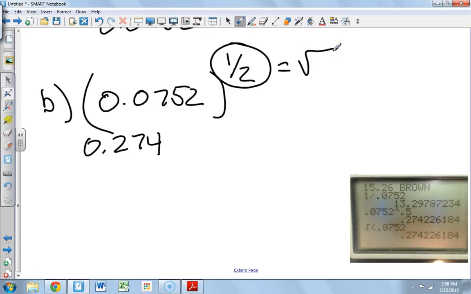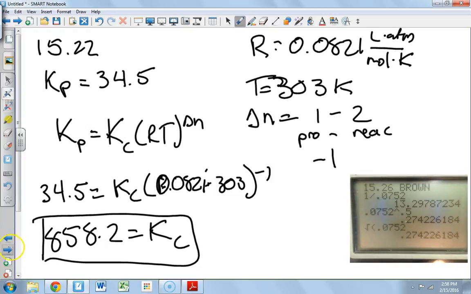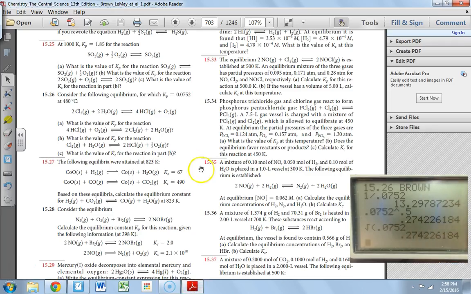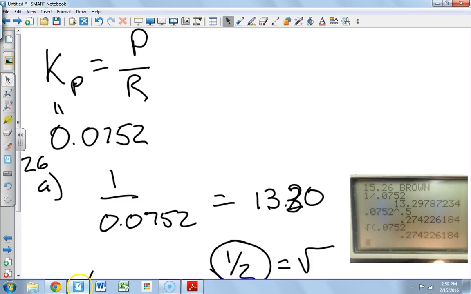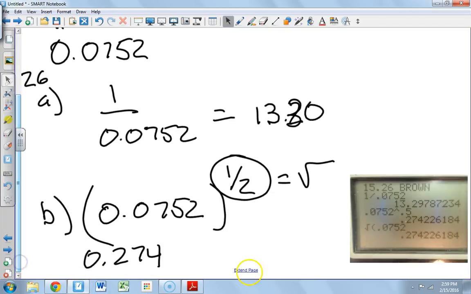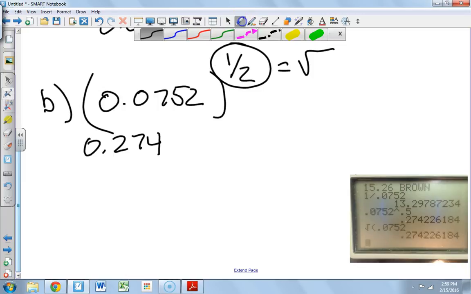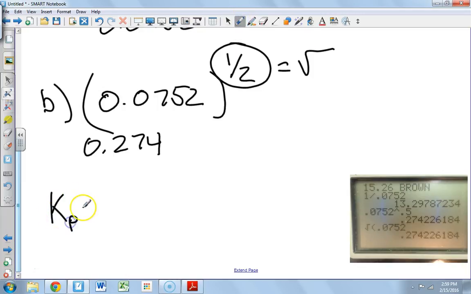Now question C combines concepts from the couple of problems we already did. It says, what's the value of Kc for the reaction in part B? That's cool, because we know the relationship between Kp and Kc. That relationship is Kp equals Kc (RT) to the delta n.